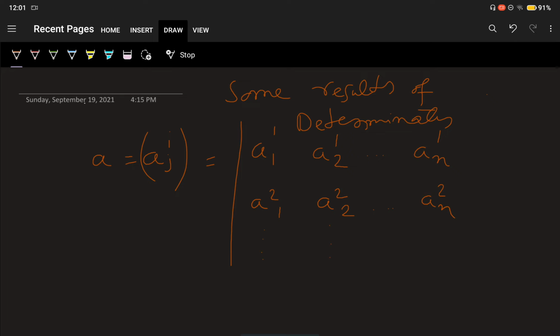So that can be written as determinant A, with an1, an2, and ann.